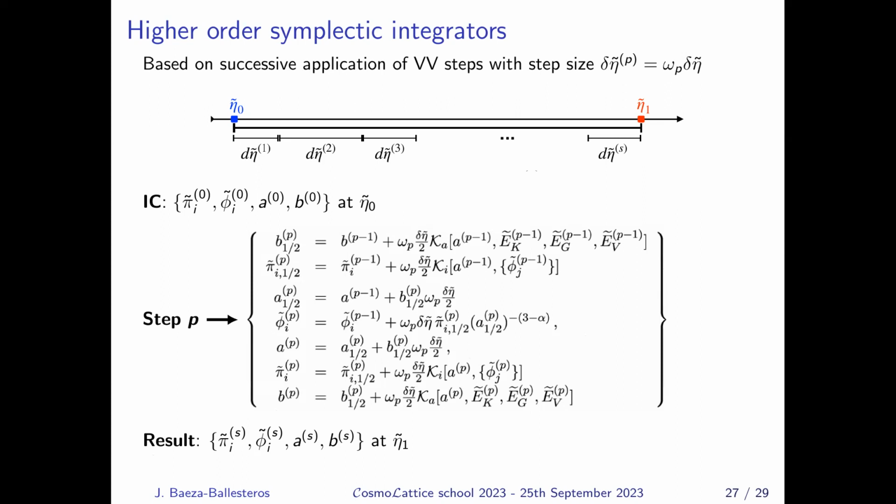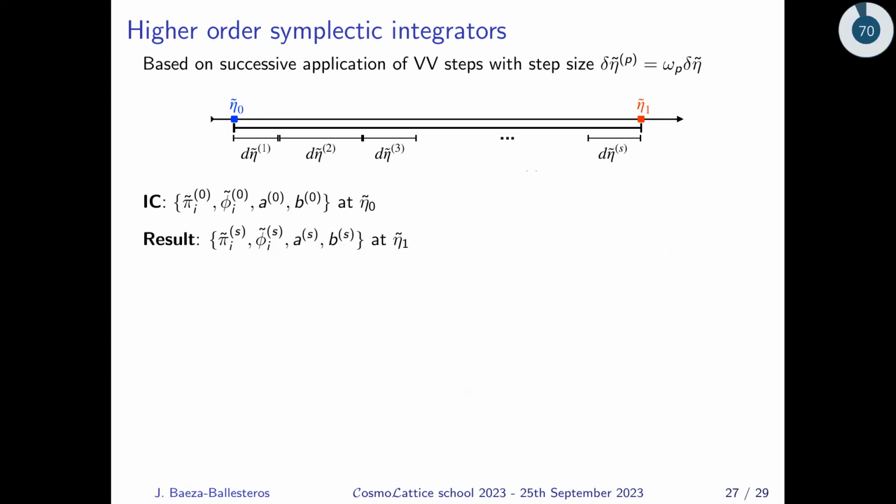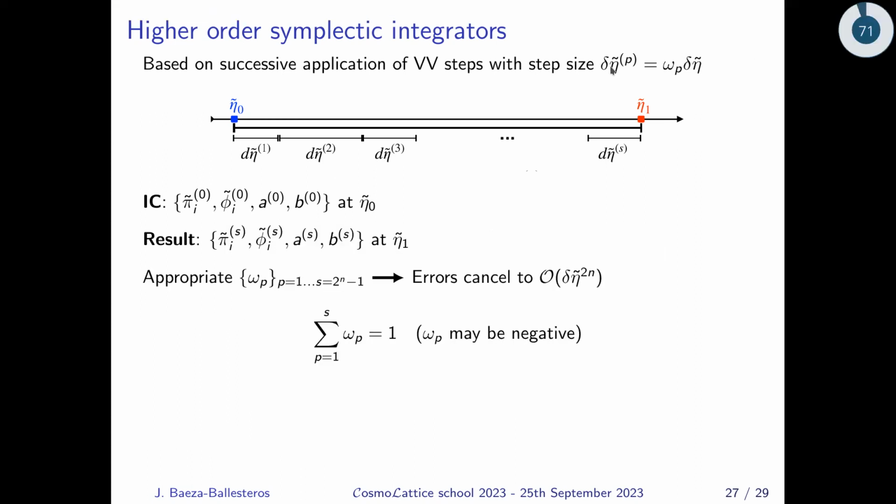So what's the point of doing this? Because at first glance, this may seem like we are just making our time step smaller. The idea is that we are not making the time step smaller, but rather we are choosing the time steps to be different. So we are dividing one full time step into smaller time steps, which have different sizes, such that these sizes are chosen to cancel errors to some order. In particular, if you were to use, for instance, 3 time steps, you will be achieving a precision of order delta t to the 4.